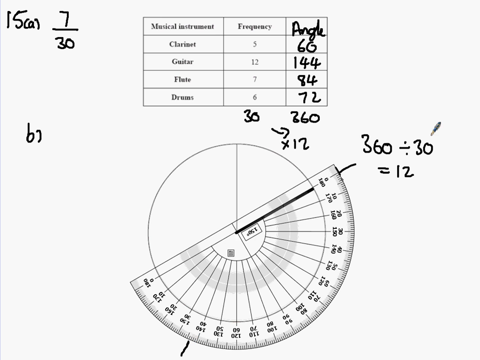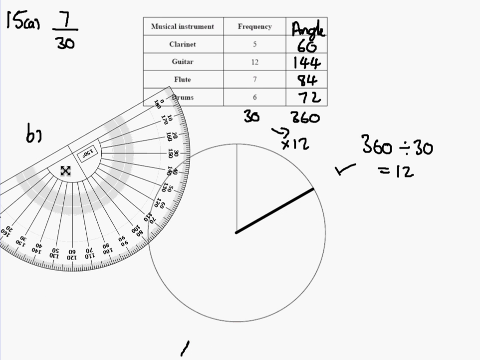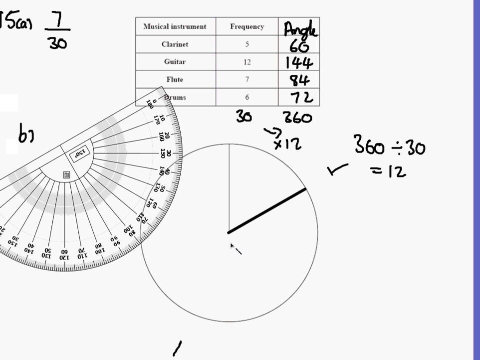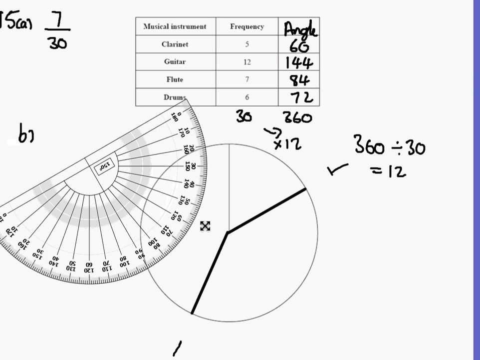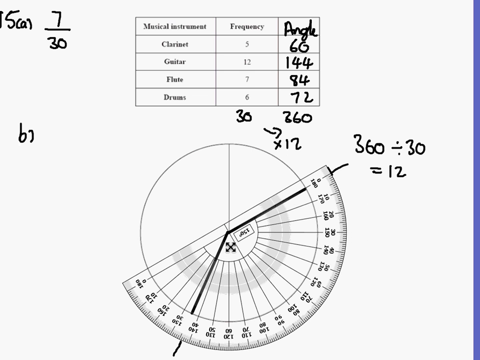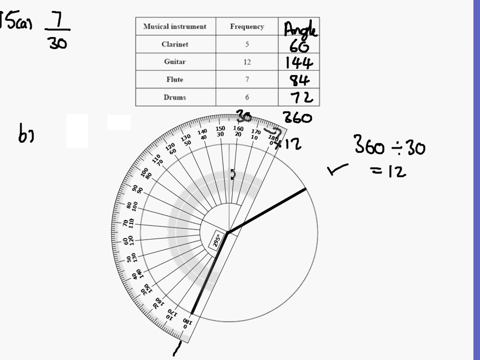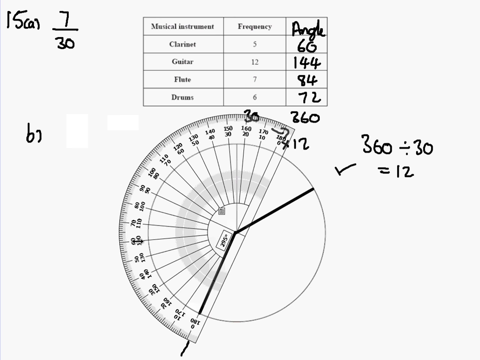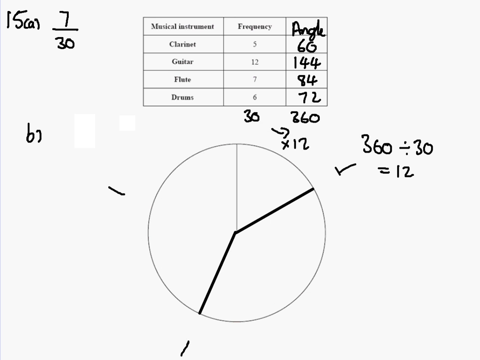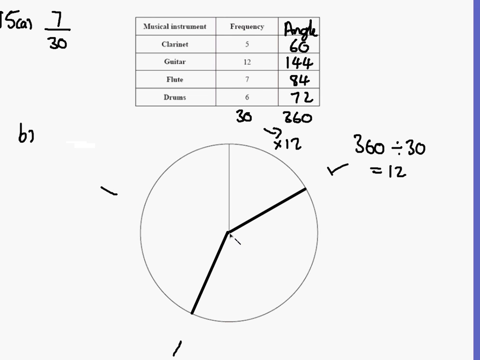Again, remove the protractor, bring the point down, protractor then goes back on again, spin around again, so we line up that line there, and we then go to 84, so 80 and then into the 4 point, so 4 will be there, and I can actually remove my protractor and then just bring this final line in.